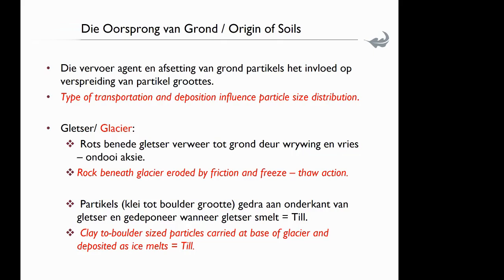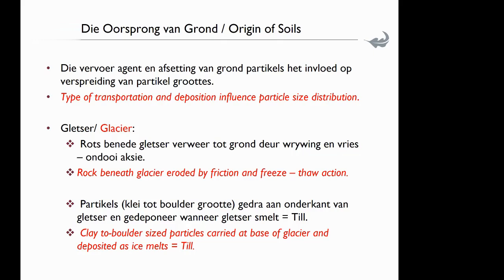The type of transportation and the deposition thereafter influence the particle size distribution. For instance, if you have a glacier, the rock beneath the glacier is eroded either by friction or a freeze-thaw action. So the rock is really finely ground by the movement of the glacier, and an example of that is the Dwyka tillites that you get in the Karoo, which is very fine-grained material with larger particles inside it.